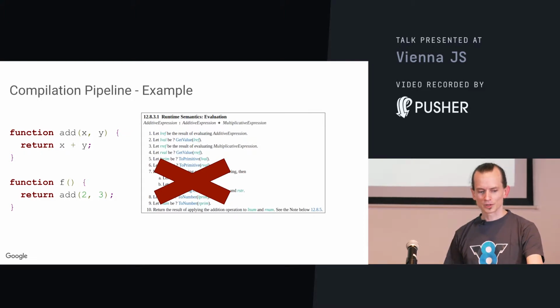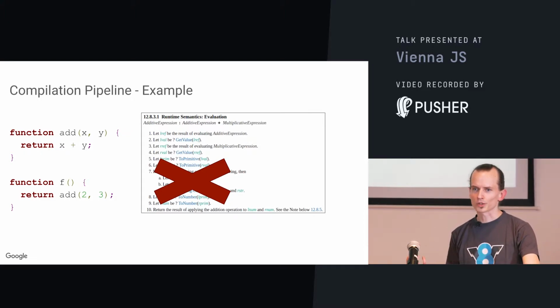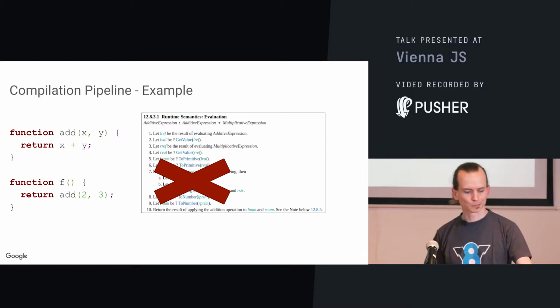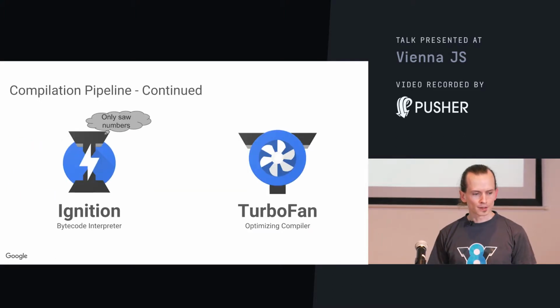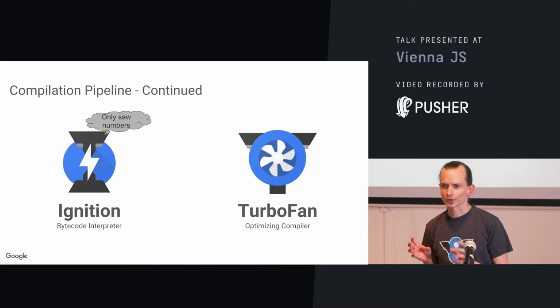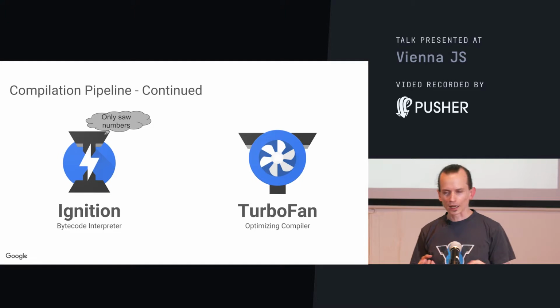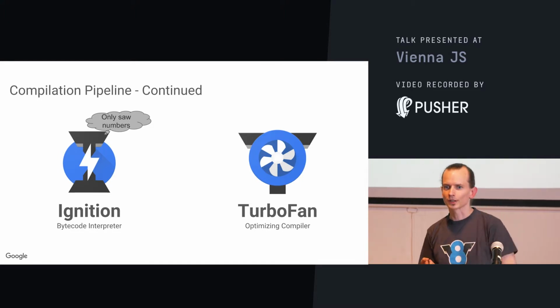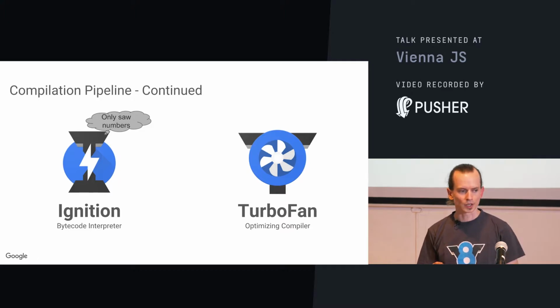What we do is we make some speculative assumptions about the input, about the left value x and the right value y. And that's where this combination of these two tiers helps us. So as I said, Ignition gathers feedback. So it kind of knew, okay, I only saw numbers at this addition site.